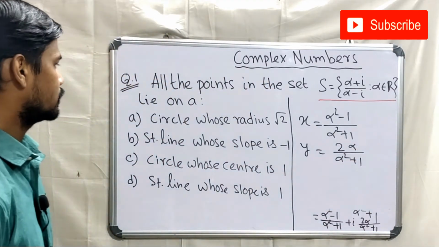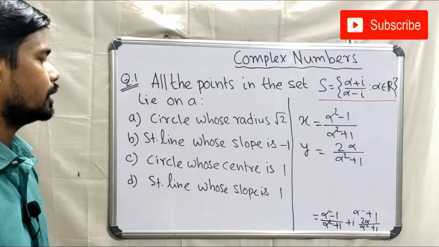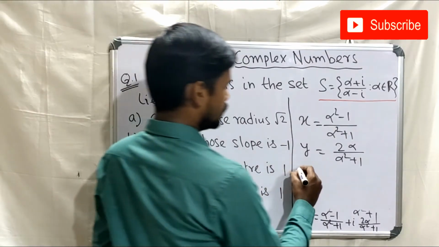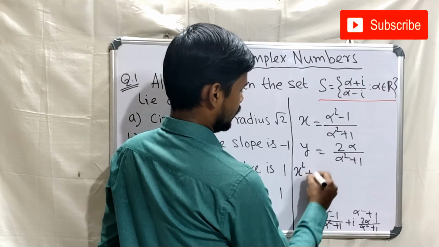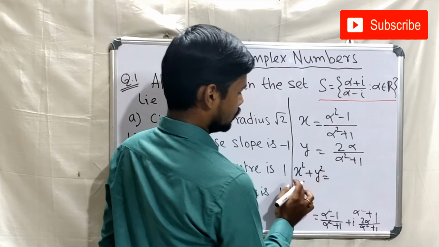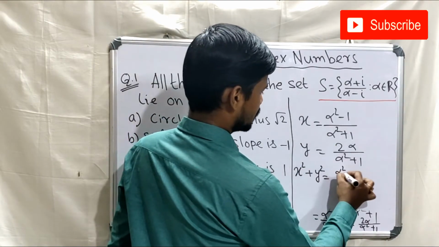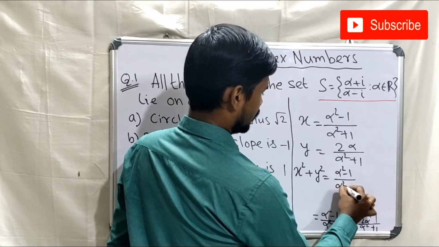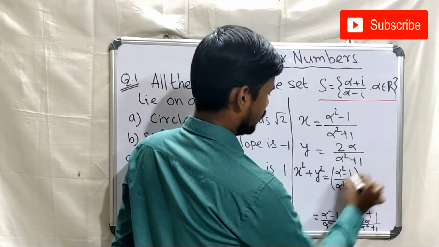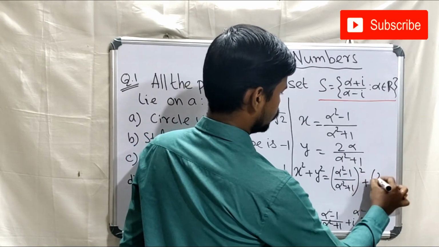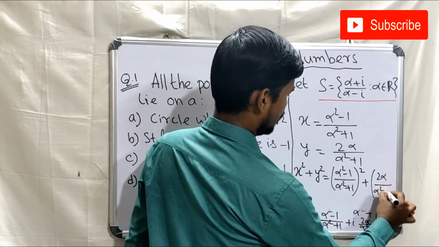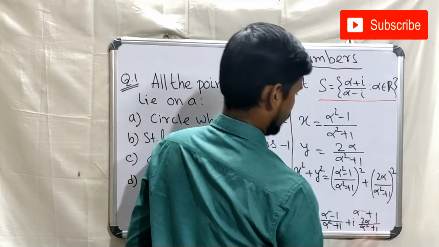Now students, if we take the sum of the squares of x and y, then we have x square, that means ((alpha square minus 1) by (alpha square plus 1)) whole square plus (2 alpha by (alpha square plus 1)) whole square.